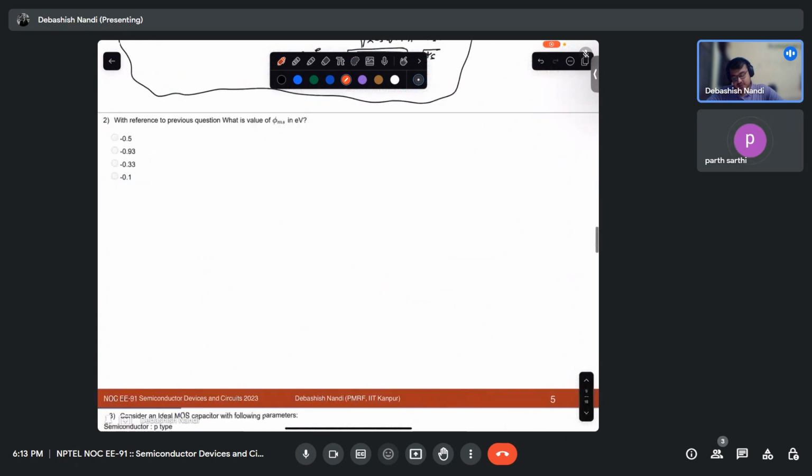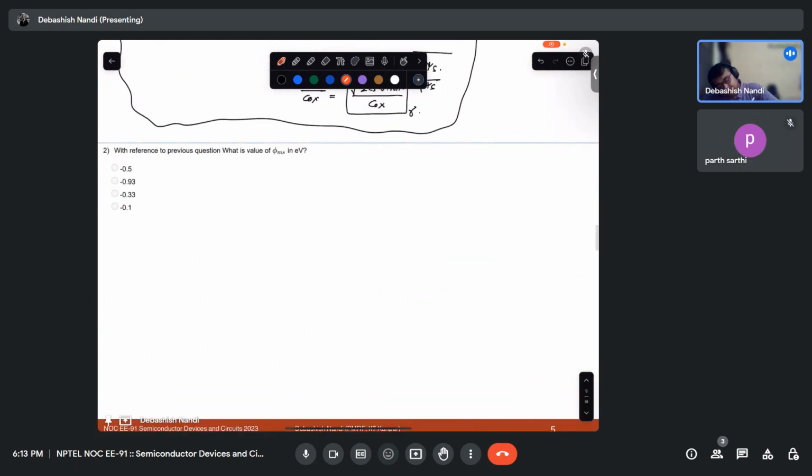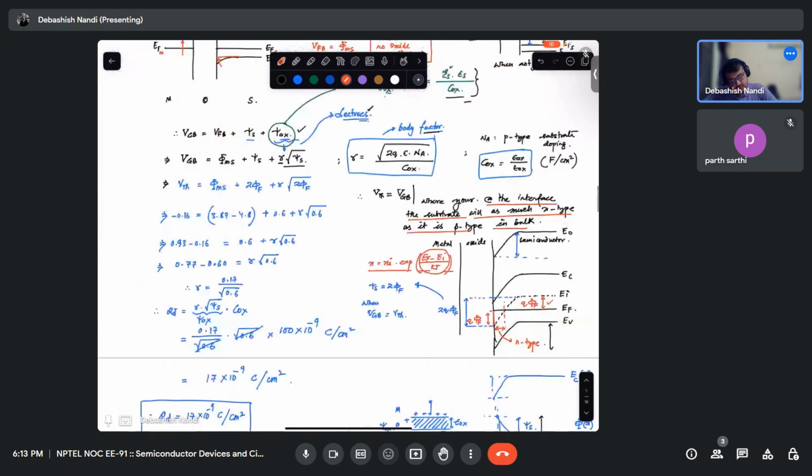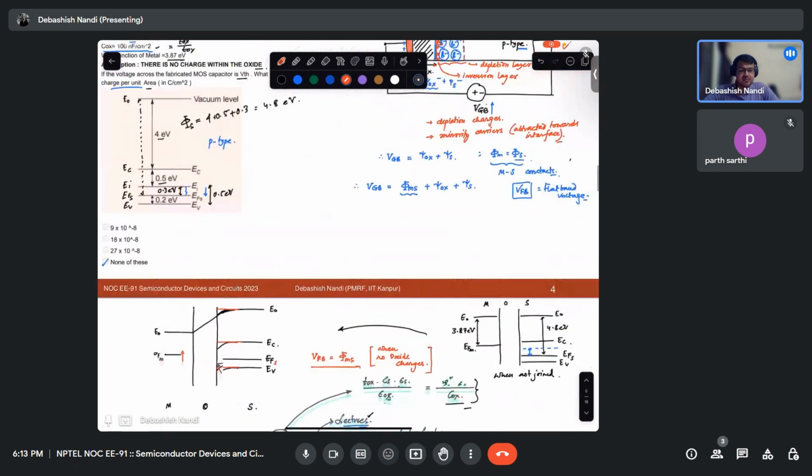Moving on to the next problem, with reference to the previous, what is the value of phi ms? Phi ms we have calculated, right? Did we calculate phi ms?